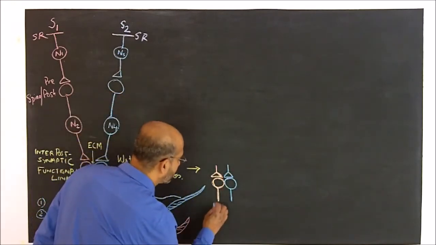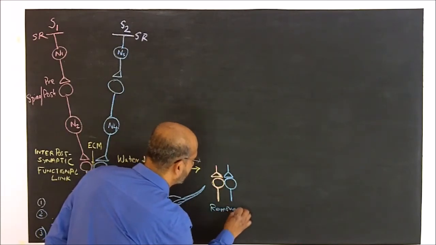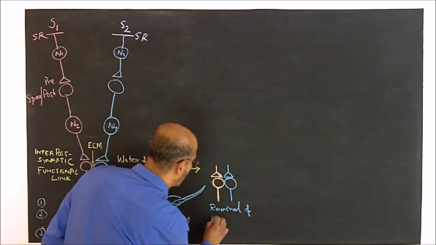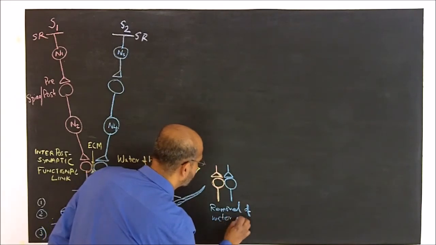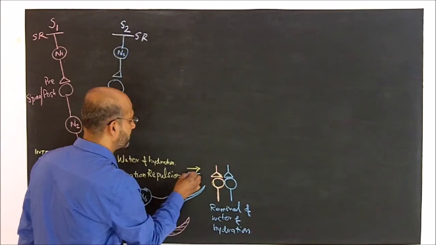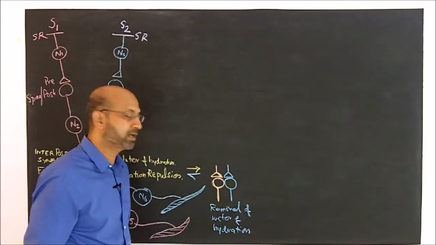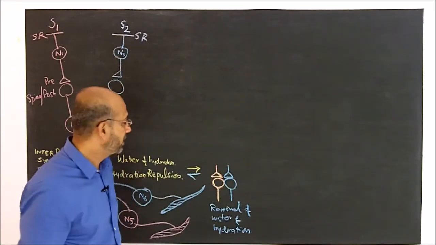So these are abutted to each other, so there is removal of water of hydration. So it's a highly reversible process, and it's only going to last there for a very short period of time.